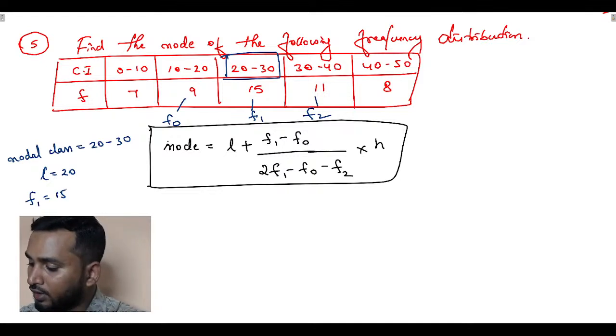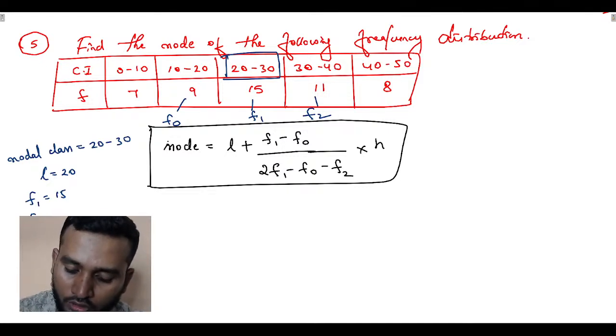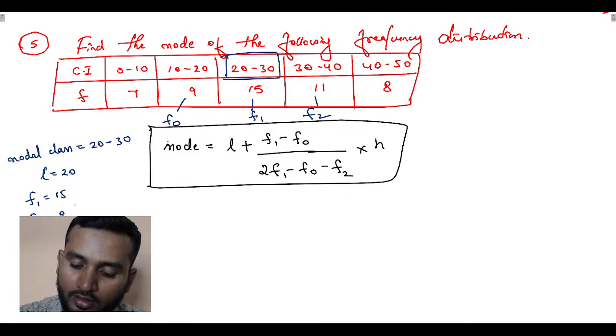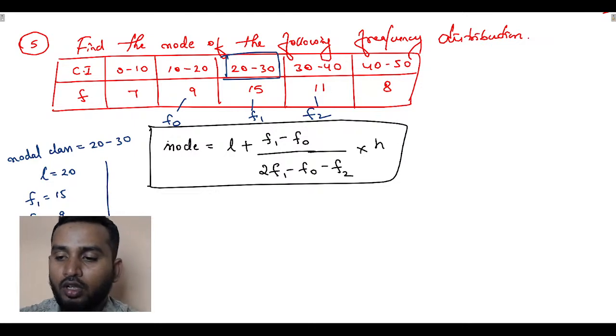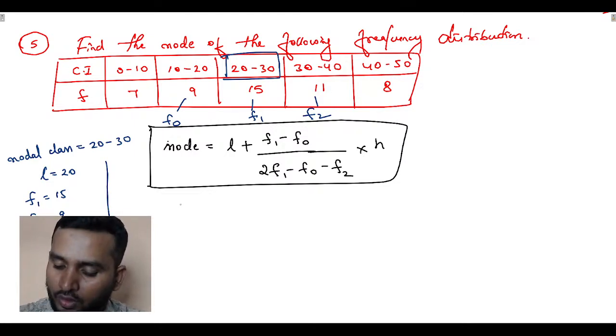F1, what is the value of F1? F1 is 15. Next, F0 is 9. F2 is 11. H means 30 minus 20. What is 30 minus 20? Very good, it is 10. So we got all the values. Now, let me substitute here.